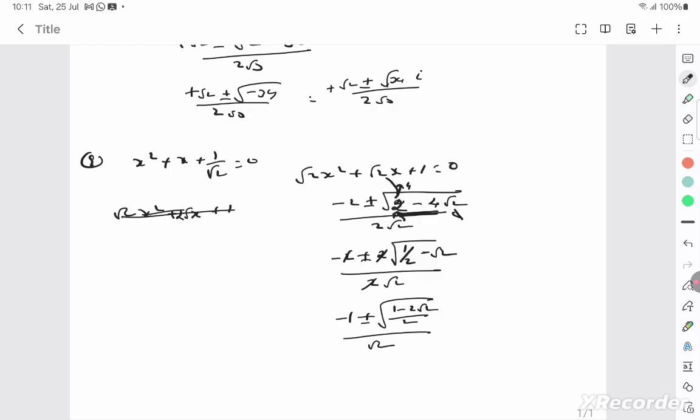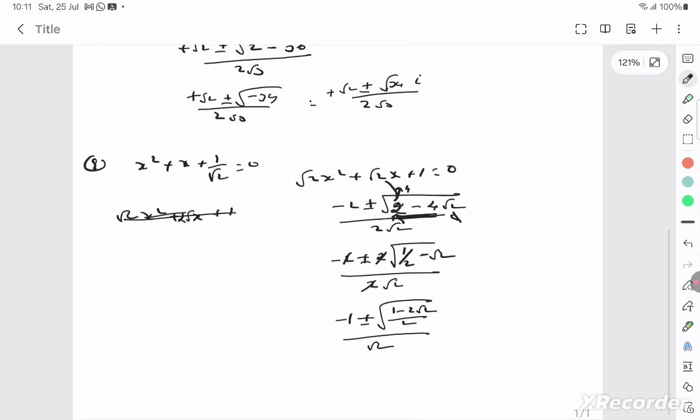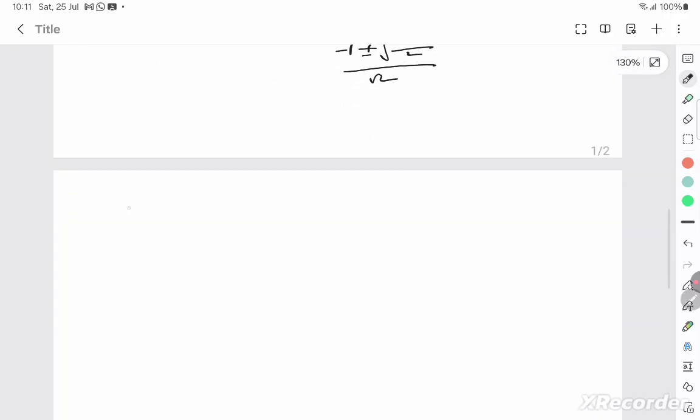Having said that, you can also keep without taking LCM. We could have done this procedure without taking LCM. X square plus x plus 1 by 2 is equal to 0. Where we can take a is equal to 1, b is equal to 1, c is equal to 1 by 2. Then it becomes all the more easier when you solve the quadratic equation as it is.